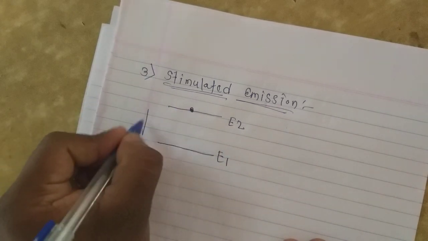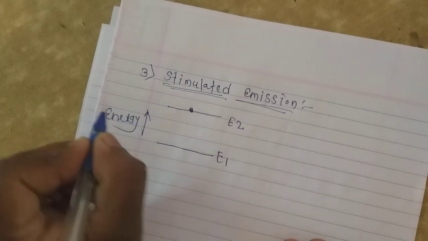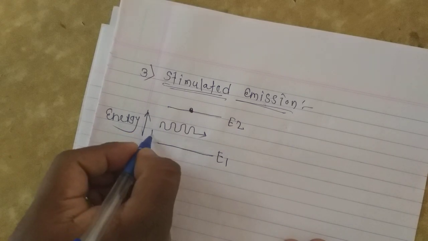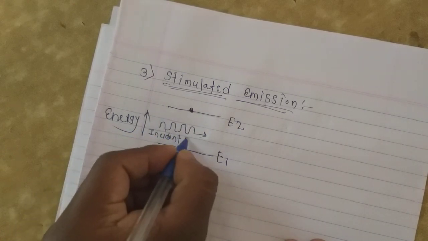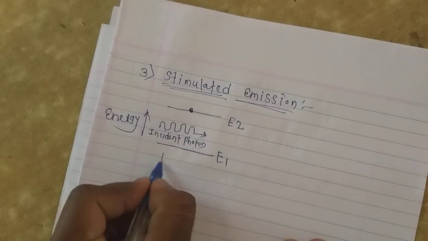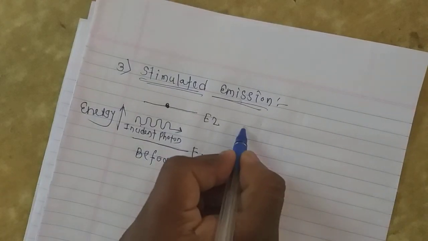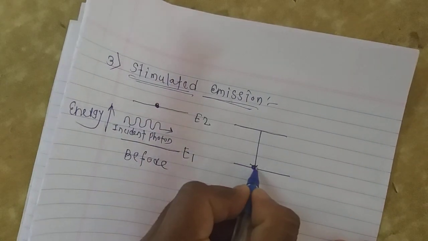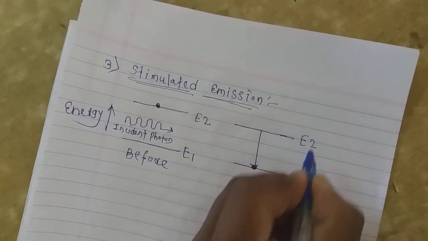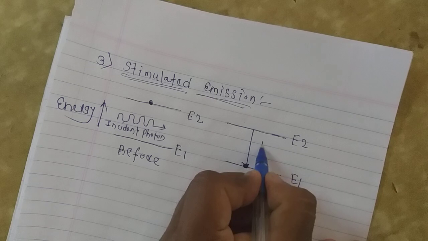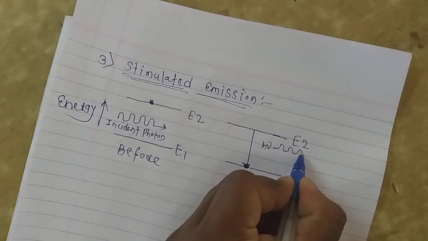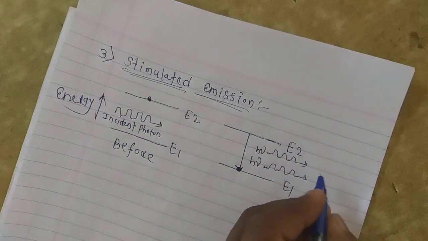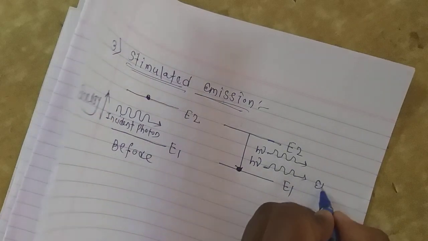This is the excited atom, the incident photon, before, then after the atom goes to the lower energy level and the photon is emitted.